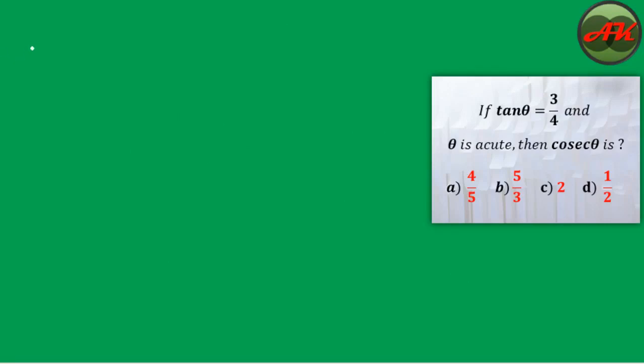Now the first problem: if tan theta is equal to 3 by 4 and theta is acute, then the cosecant theta is. So now here tan theta is equal to 3 by 4. We know that tan theta is perpendicular by base. To find the hypotenuse, we have already learned the triplets for 3.